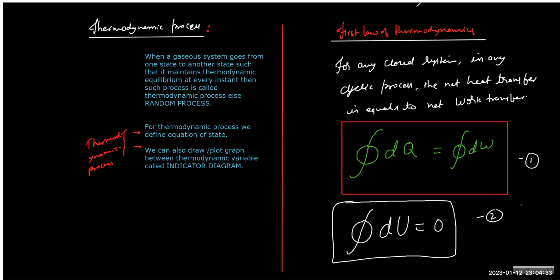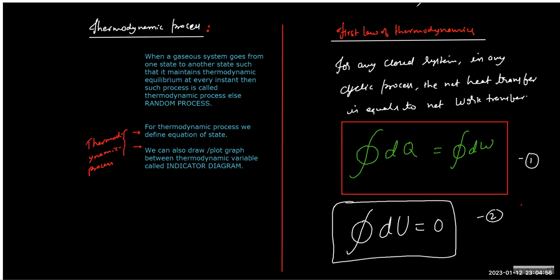So if I create a cyclic process with three steps and you know the dQ for two processes, you can find the dQ for the third process without much calculation. I'll show you one example, which is a very tricky one.